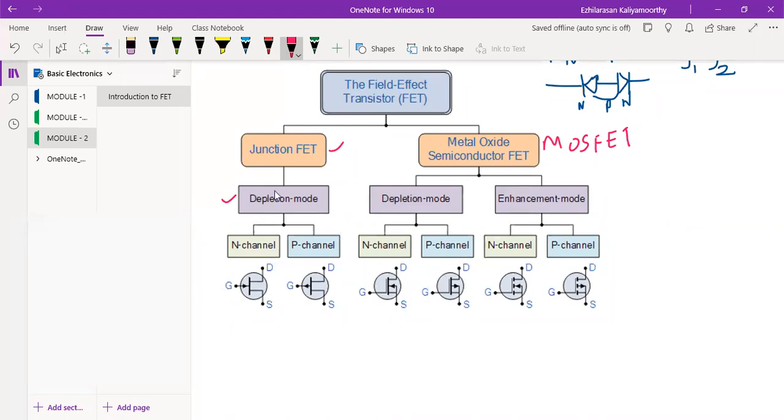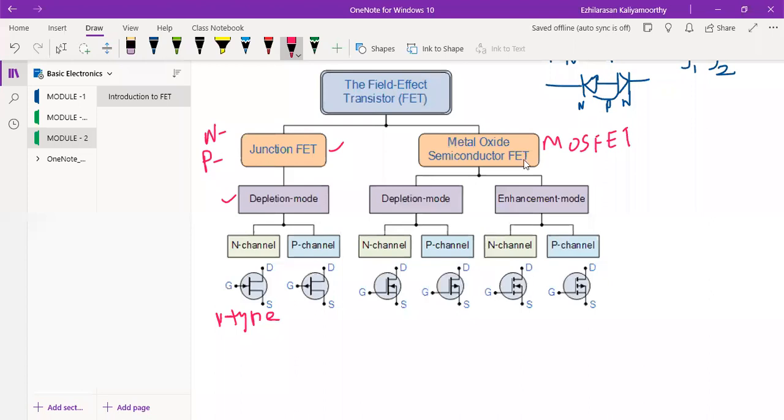The depletion mode has two different types of channels, or two different types of transistors: one is the N channel, and one more is the P channel. Sometimes I can call it N type depletion mode JFET, then P type depletion mode JFET.